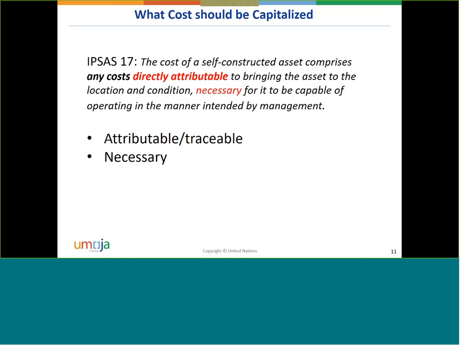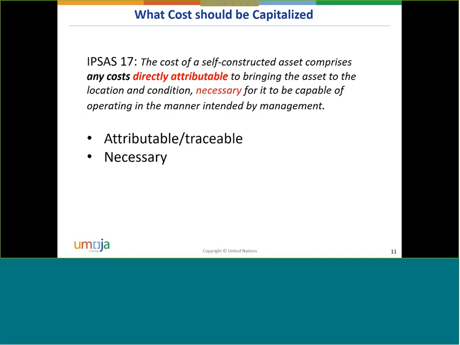So if we are using bricks, or any construction material from our stock to build the asset, these items that are in inventory will have already the 8% of associated cost in the inventory. But then when we add them to the asset, we are not adding any additional associated costs. It's basically the actual cost that we are going to capitalize.